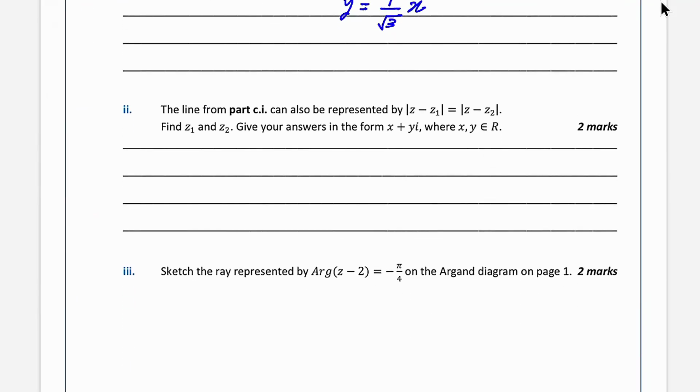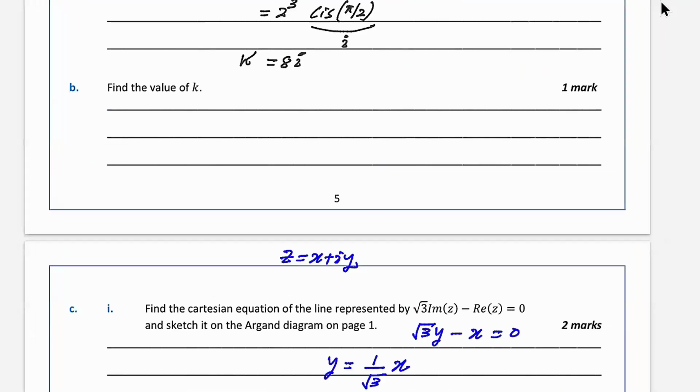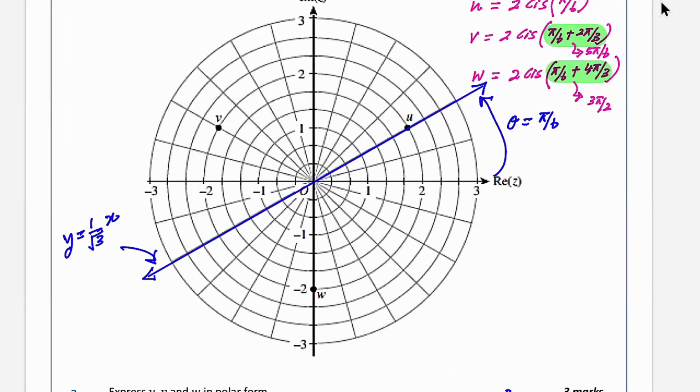So this z minus z1, z minus z2, okay? Now let's go here. If you remember, you take this point over here, for example this point over here. Suppose this is Z1 maybe, this is Z2 maybe, right?